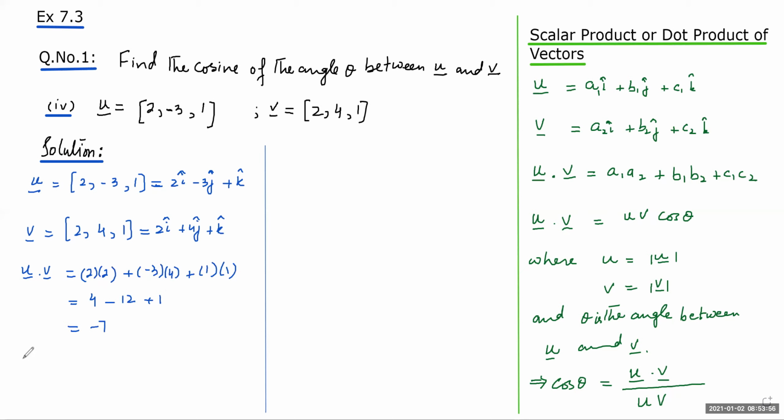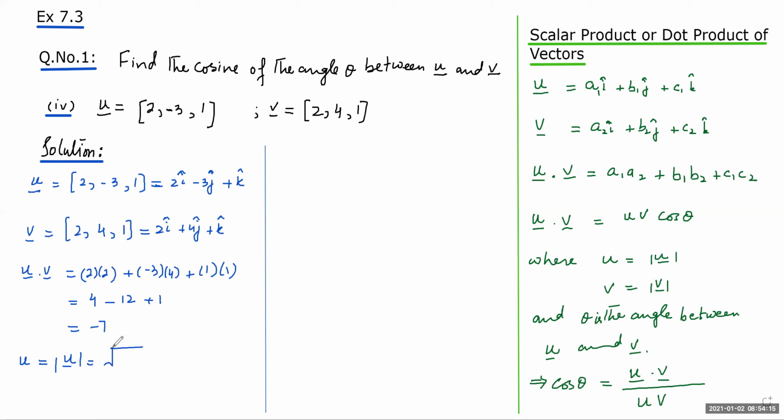Now let's find the magnitudes of vector u and v. The magnitude of vector u can be written as u, or if you want to write it like this, you may write it like this.